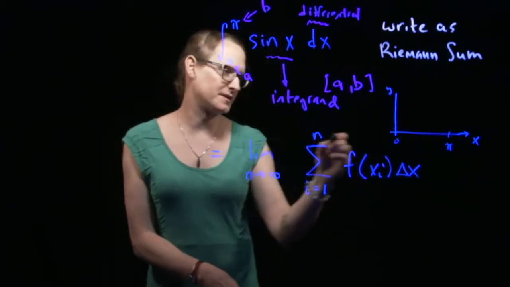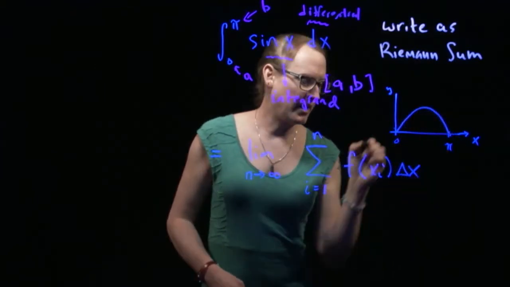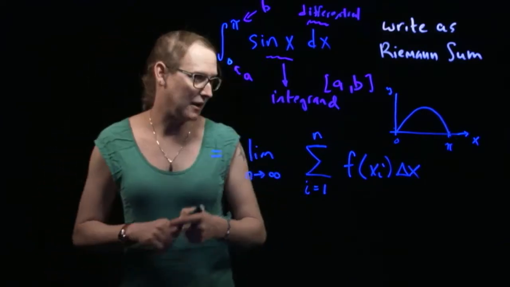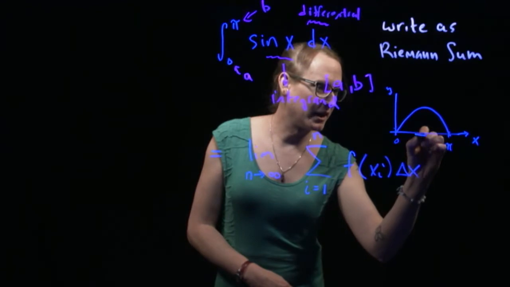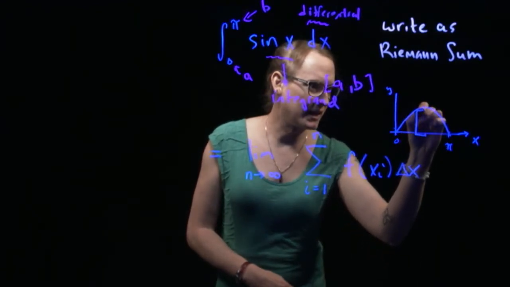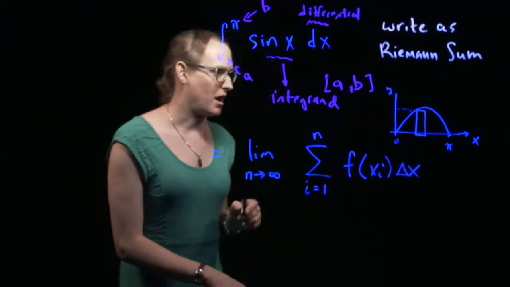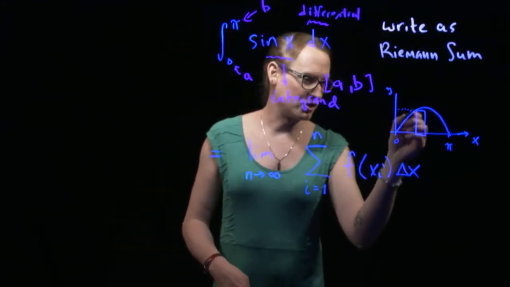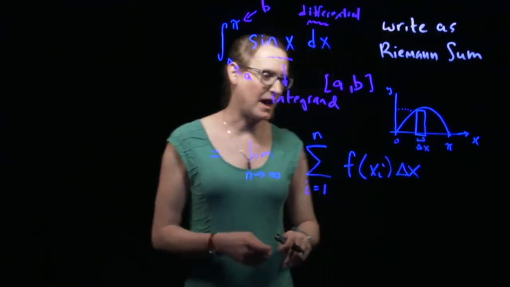And the function sine looks like that. So we're finding this area inside here by breaking it up into a bunch of little rectangles whose height is determined by the function itself, and whose width is delta x.